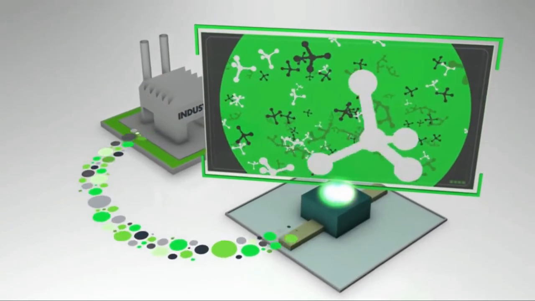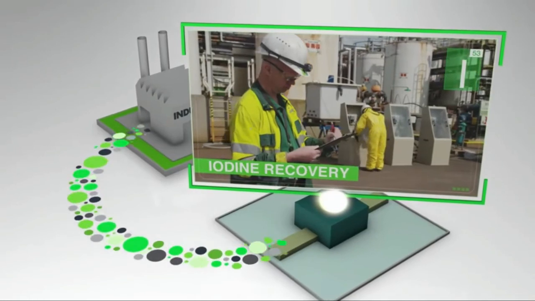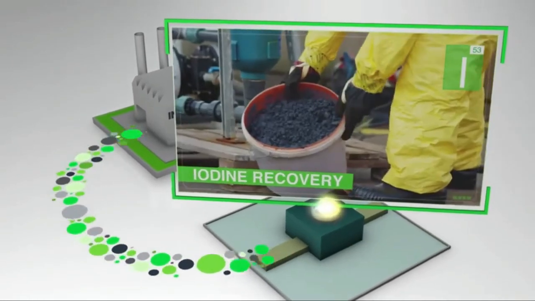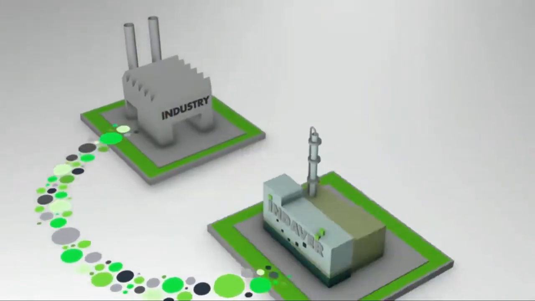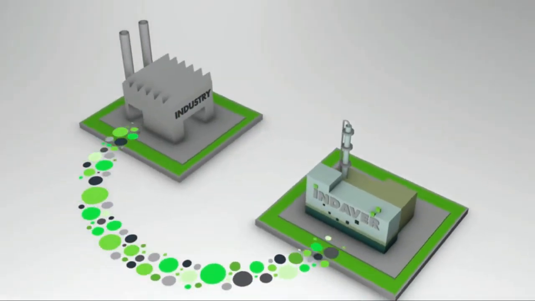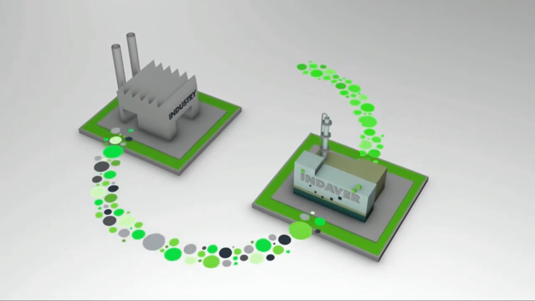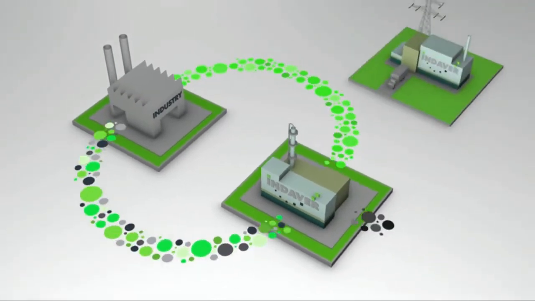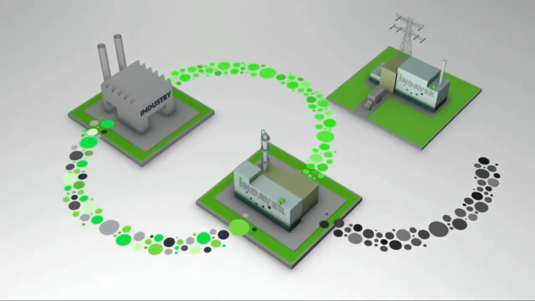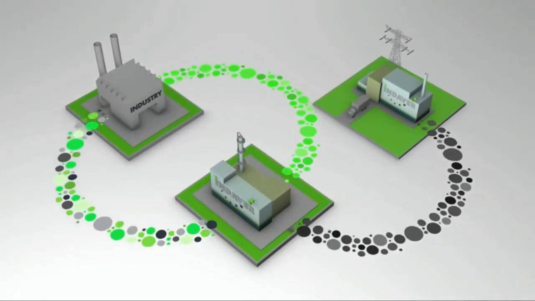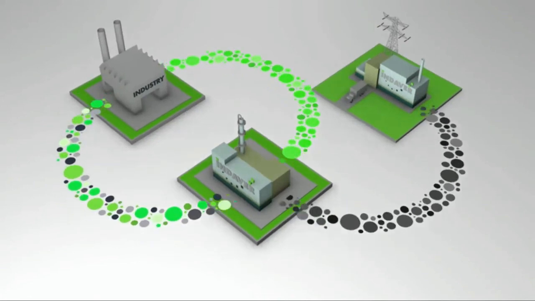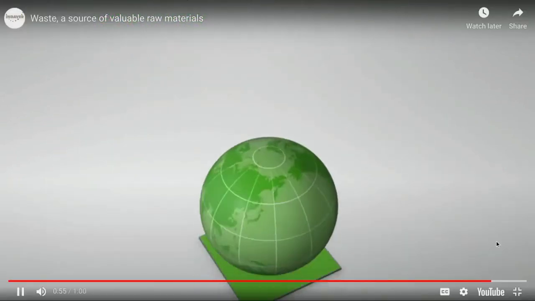Innovative techniques make it possible for Indaver to isolate scarce and valuable molecules such as iodine and palladium from complex industrial waste streams without compromising on quality. This allows us to reuse rare materials in industry. The waste that remains is processed according to the strictest safety requirements. Closing the loops in a circular economy.